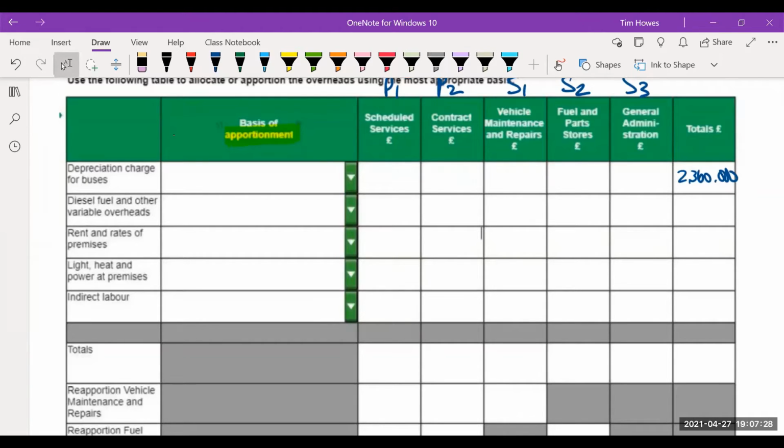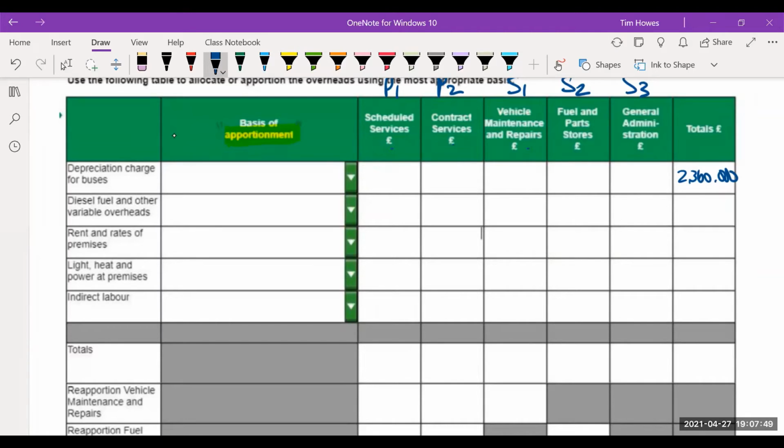How do you think we are going to deal with that? We need this 2,360,000 ultimately to be in the scheduled services and the contract services. Clearly, the buses are not in these other three support centres.